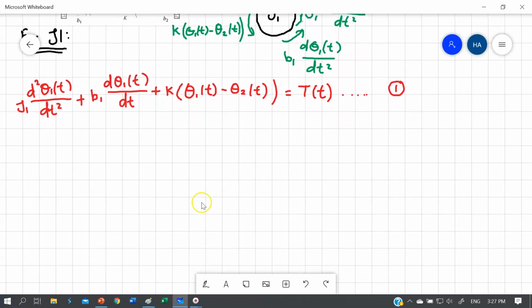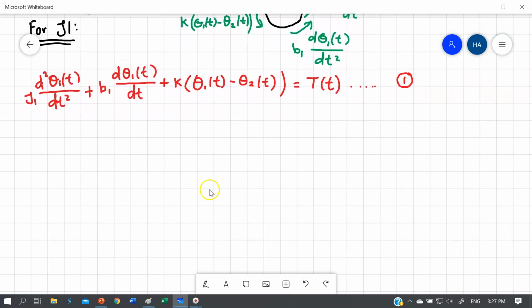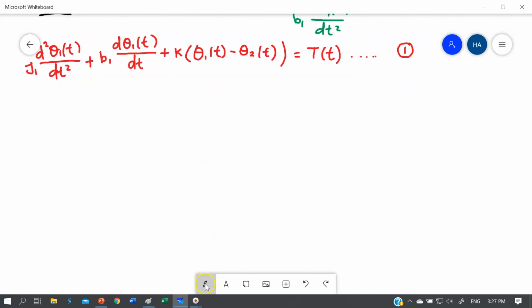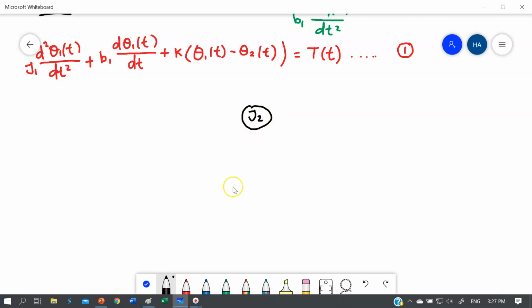Next, if I draw the second mass, which is J2, I have the angular displacement theta 2.